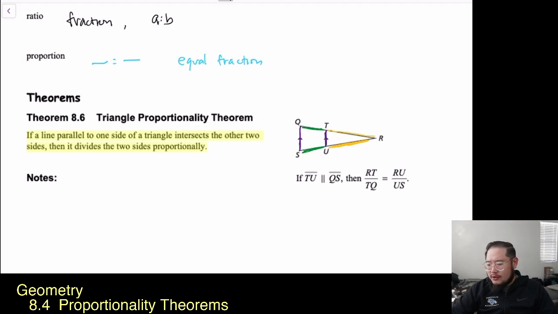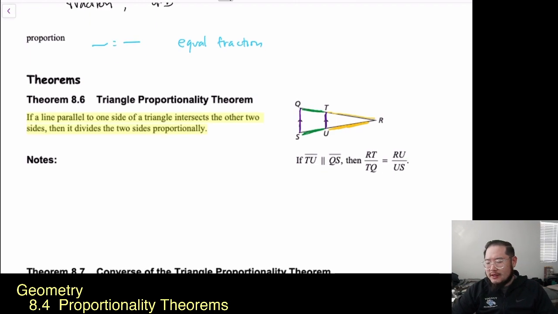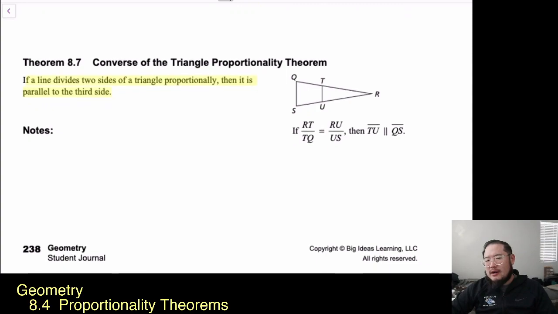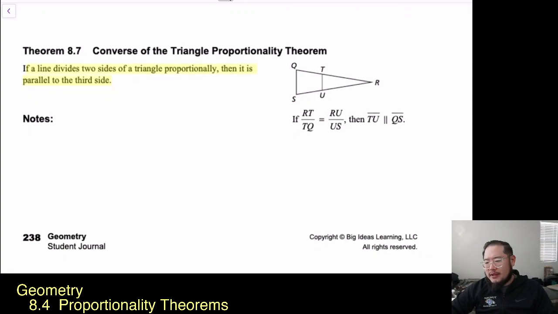So now let's go to the converse. Remember, we've talked about this so many times throughout the year. We changed the if-then statement. So now it says if a line divides the two sides of a triangle proportionally, then it is parallel to the third side.